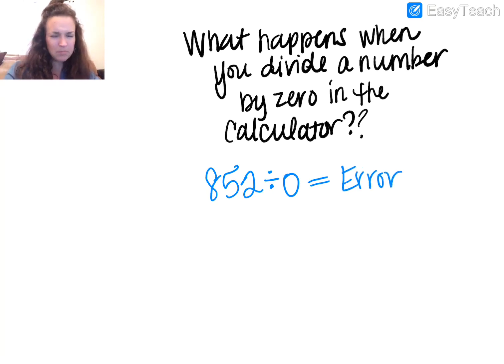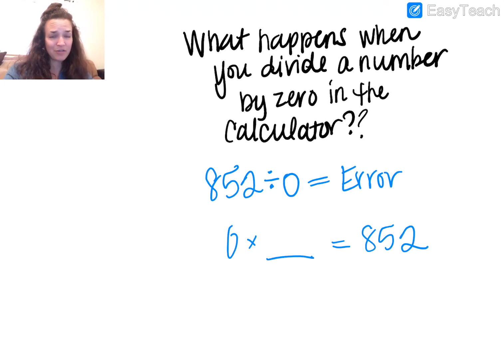Well, if you think about the reverse, if I was saying, 0 times what number equals 852? Well, really, 0 times nothing equals 852, because 0 times anything is always going to equal 0. So that, in fact, would be why we end up getting an error there.